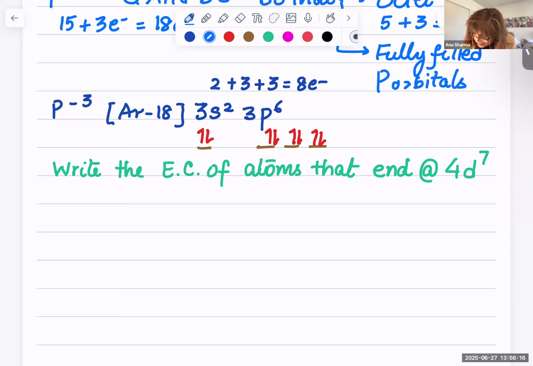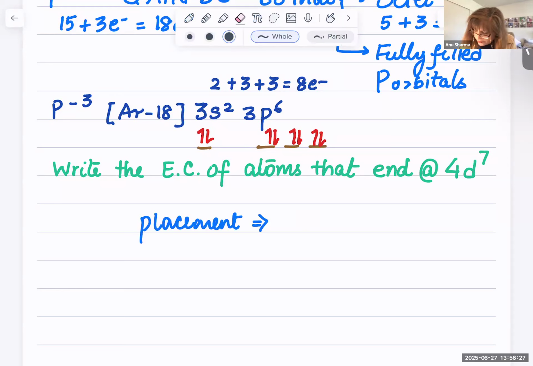So remember, this is the placement that we are talking about. Which element are we talking about, first of all? We are looking at the one that is going to end at 4d7.